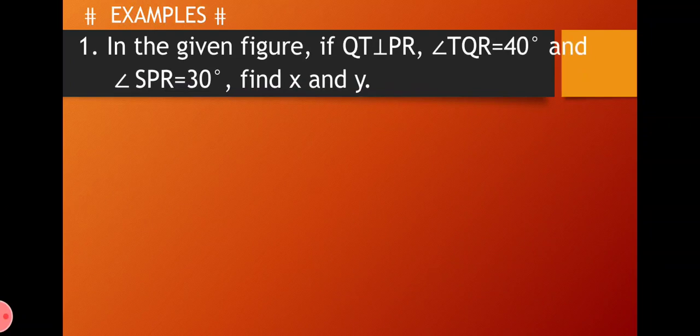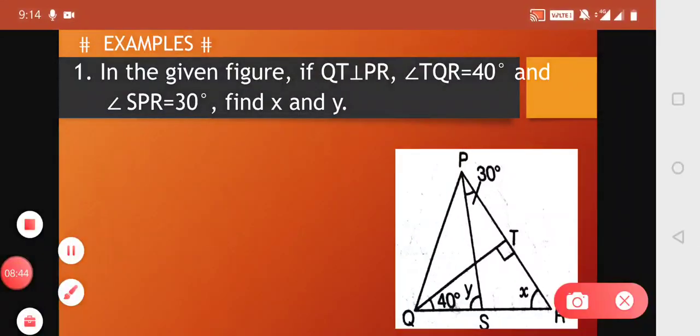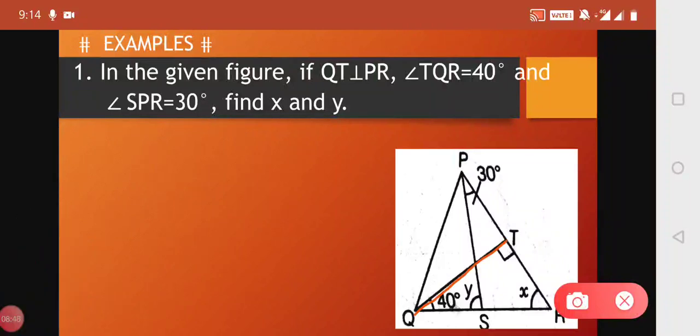In the given figure, if QT is perpendicular to PR, angle TQR equal to 40 degree and angle SPR equal to 30 degree, find X and Y. Let's see the figure. Yes, it is given in the question that QT is perpendicular to PR.